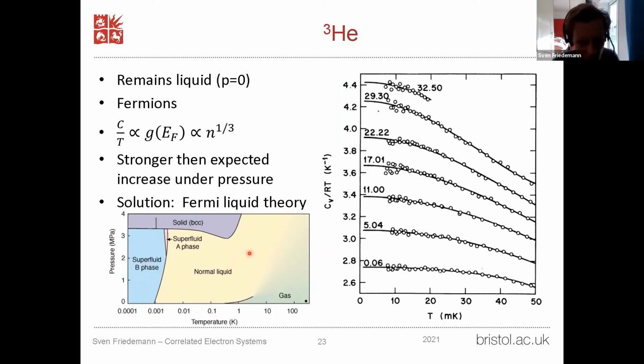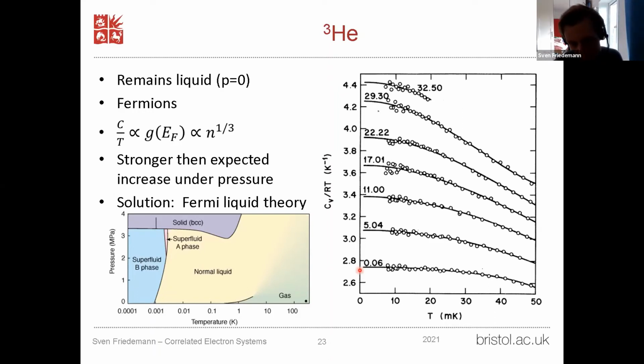We're really talking here about the normal liquid, because in the superfluid, two helium-3 atoms will always pair up to form a Bose pair essentially, and undergo a Bose-Einstein condensation. But that's yet a different state. We're talking here about the normal liquid helium-3 state, where we've got essentially a Fermi surface of helium-3 atoms.